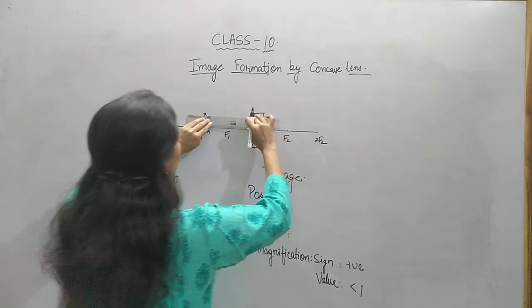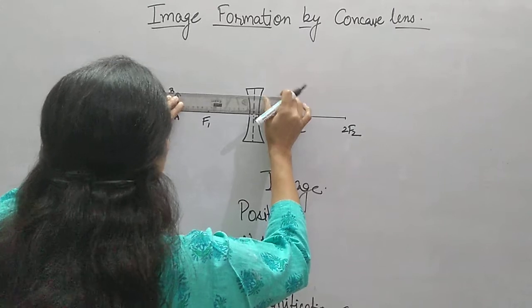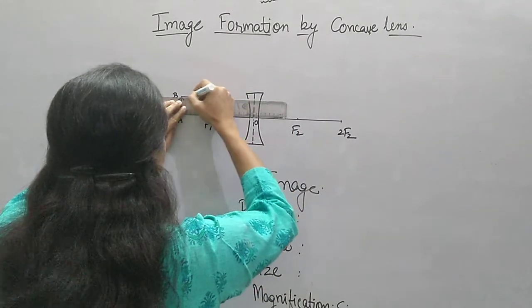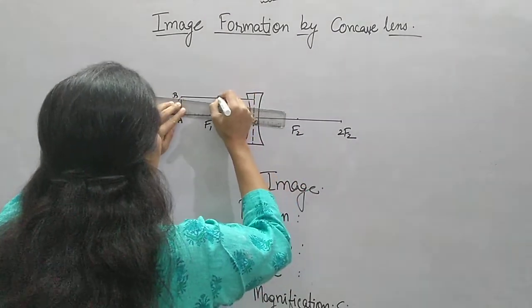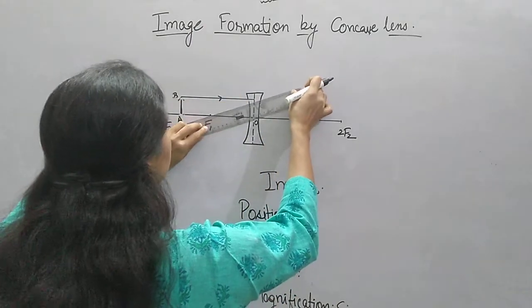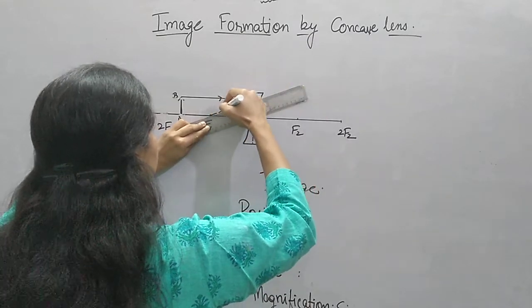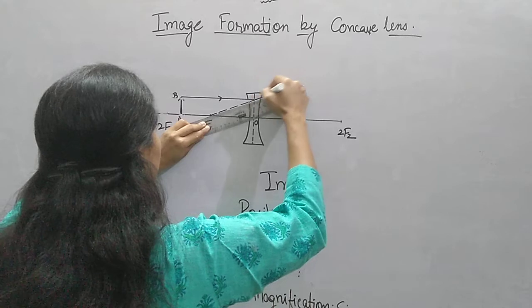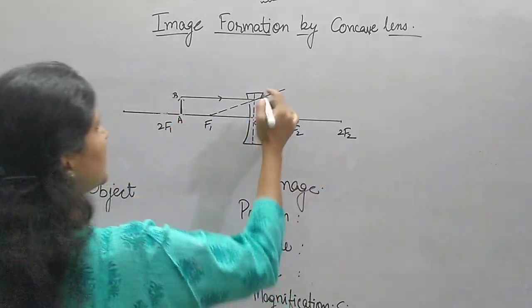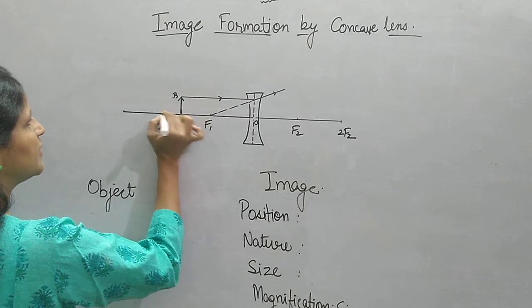Suppose a ray of light falls on the concave lens parallel to the principal axis. Following the law of refraction through the lens, this light ray will appear to pass through f1. It will diverge like this, as if it is diverging from f1. So this will be the first refracted ray through the concave lens.